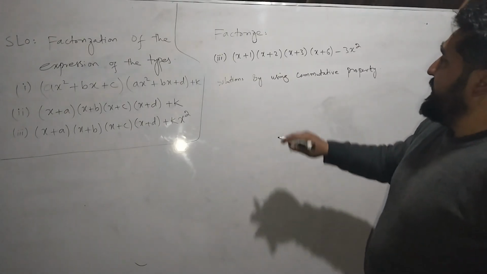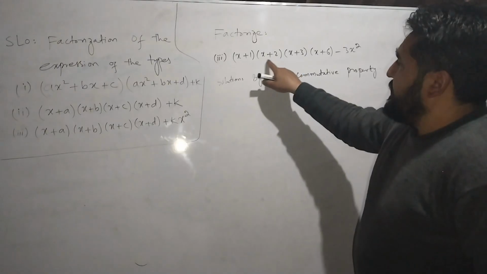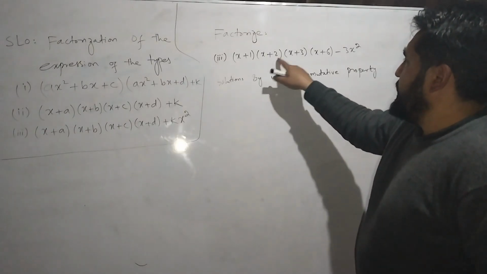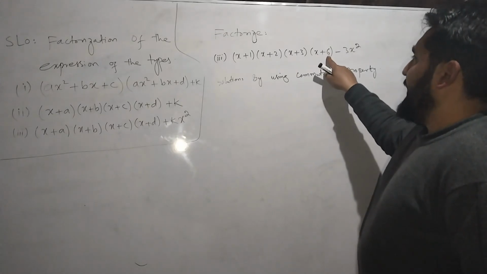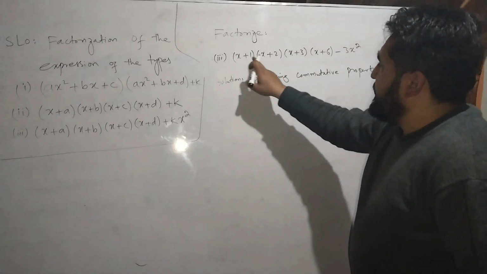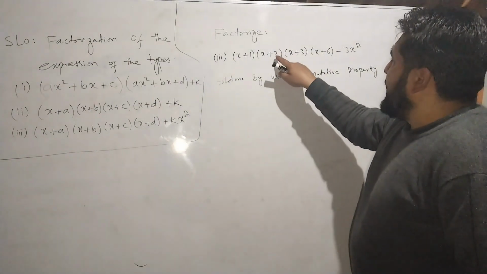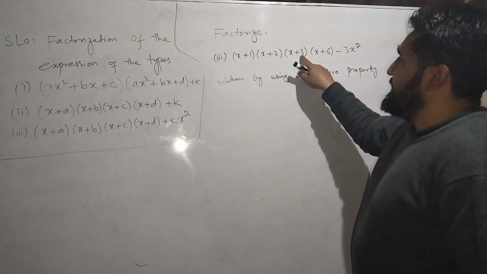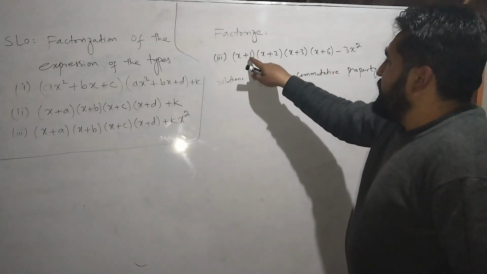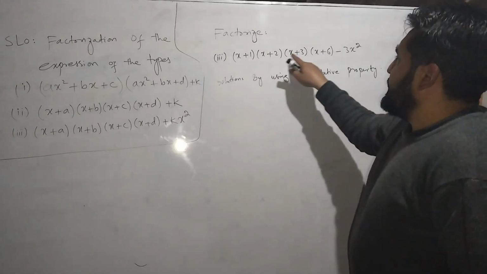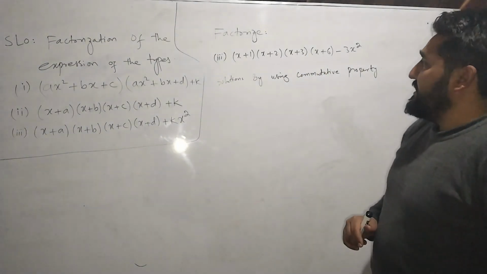Now if we multiply these two, our result is 2. If we multiply these two, our result is 2 multiply 6, that is 18. So we can't multiply these two and these two. Now if we multiply these two, 2 multiply 3, 6. If we multiply these two, 1 multiply 6. So 1 multiply 6 equal to 6, 2 multiply 3 equal to 6. So we use the multiplicative property here.